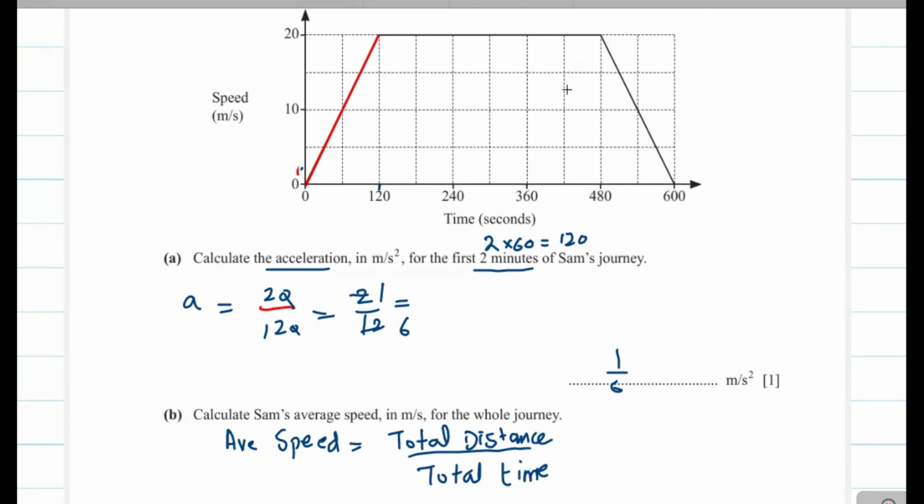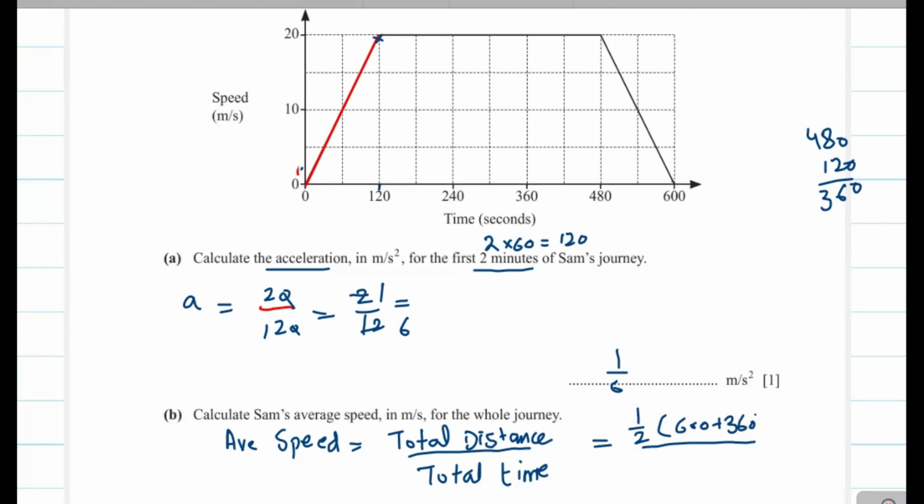The area of this shape is a trapezium, so the area equals 1 over 2, sum of parallel sides. Now the first side length is 600, plus this length, 480 minus 120, which is 360, so 600 plus 360.